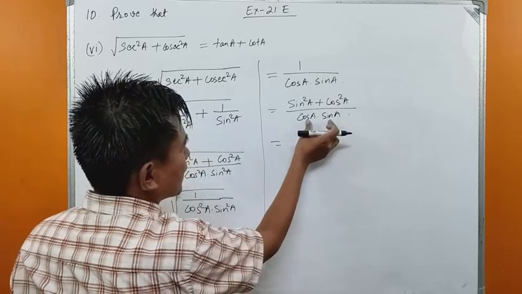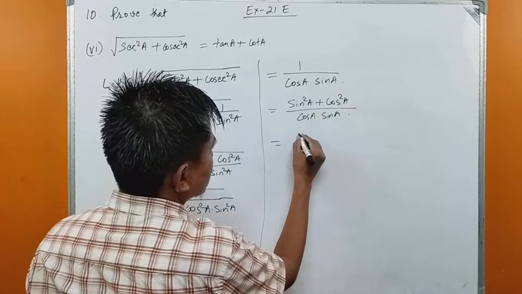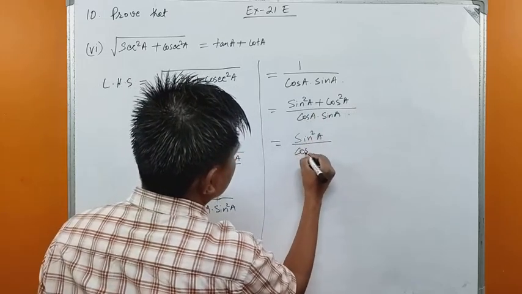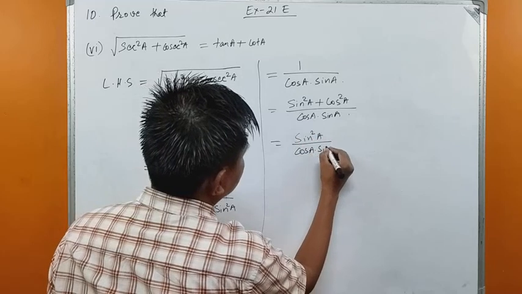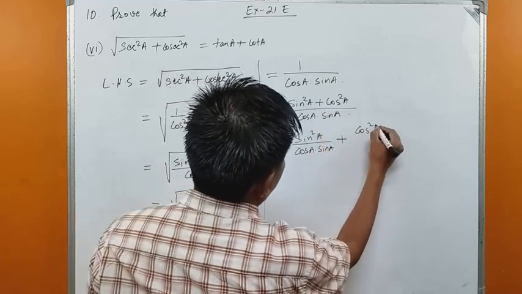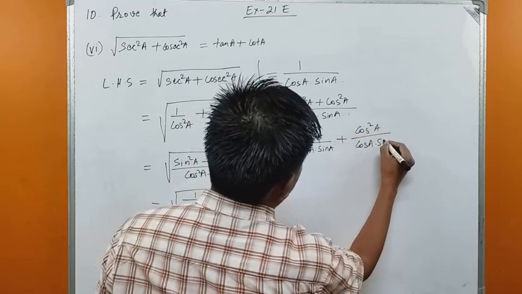This means sin square A upon cos A sin A plus cos square A upon cos A sin A, isn't it?